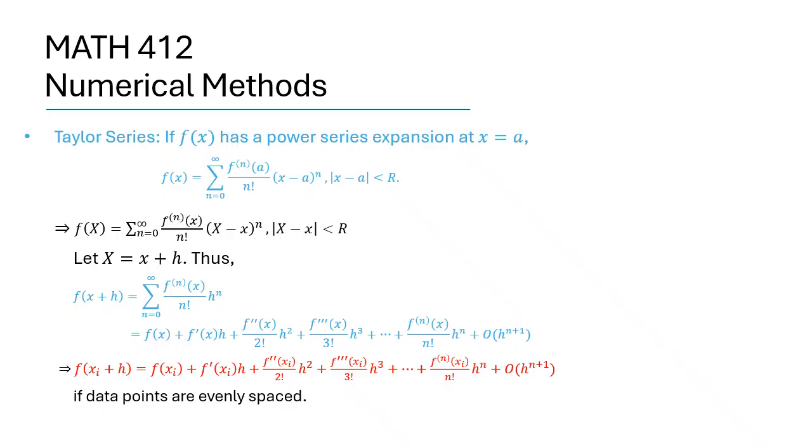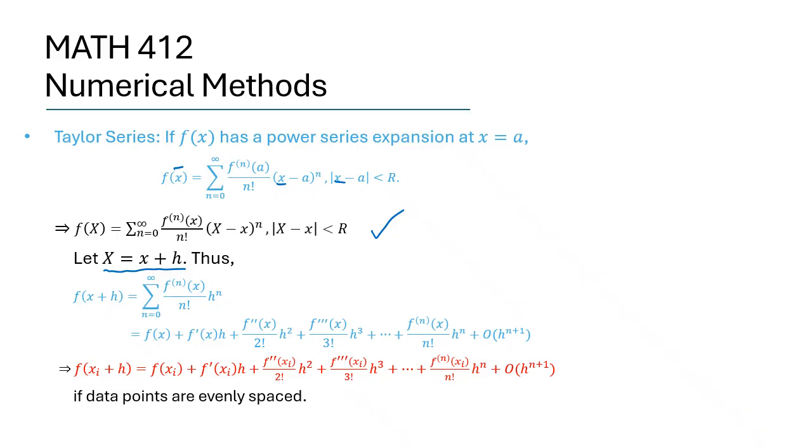First, we change each x to a capital X in the formula, and then we change a to little x. That's fine, right? So we have such a formula. This is changing a to little x. Now we let capital X be little x plus h.